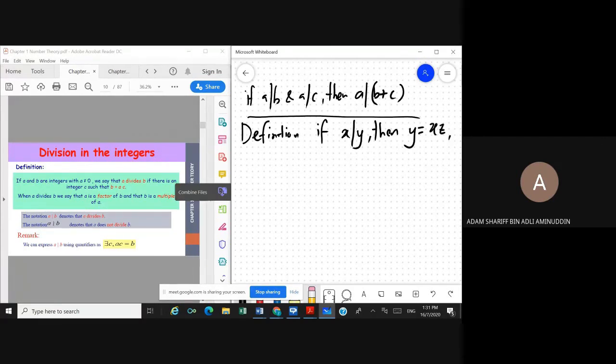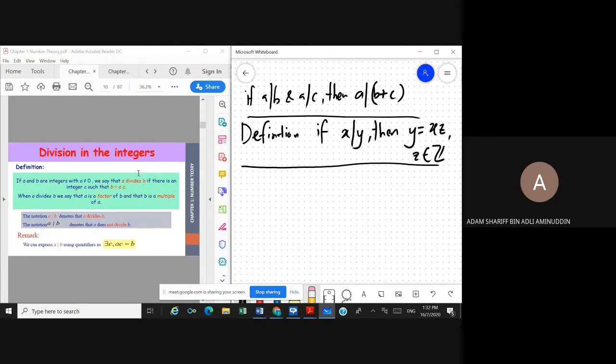This small z is an integer. We will use this kind of definition afterwards. So recall back. If x is a factor of y and y is also a multiple of x, then it means that y can be made as the product of x and z, and that z must be an integer.